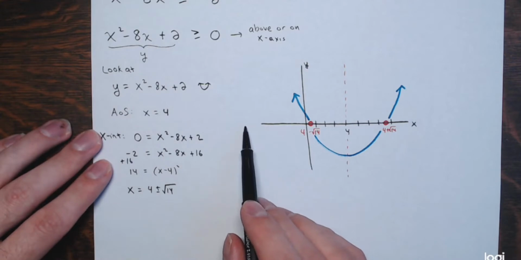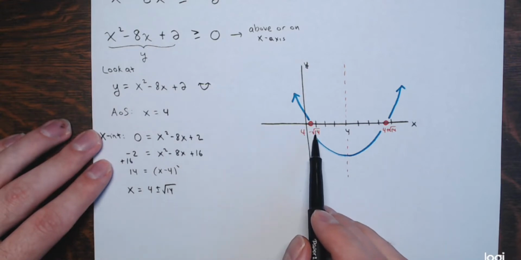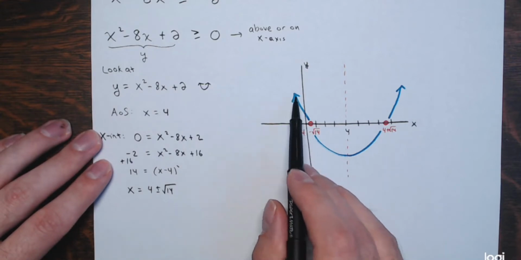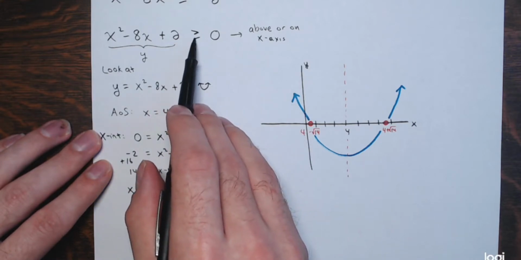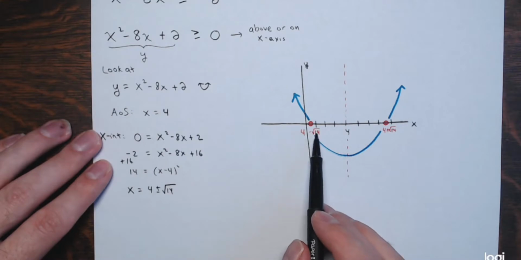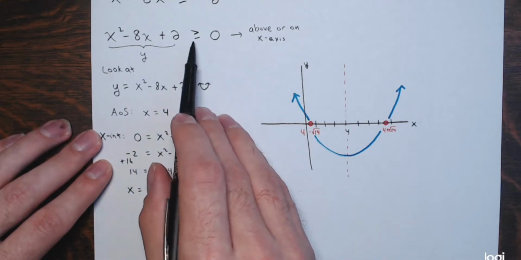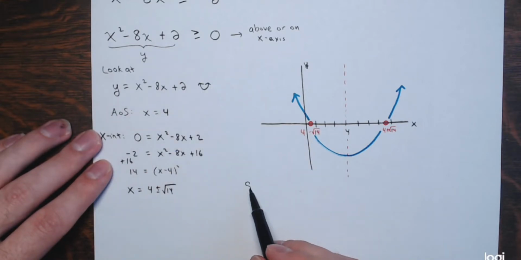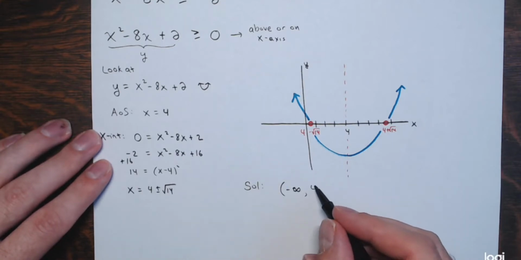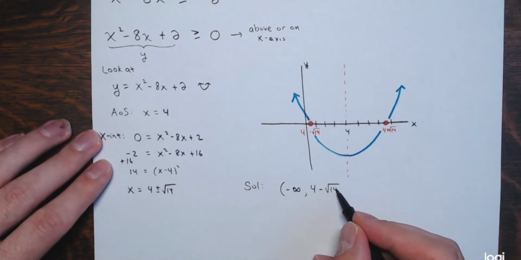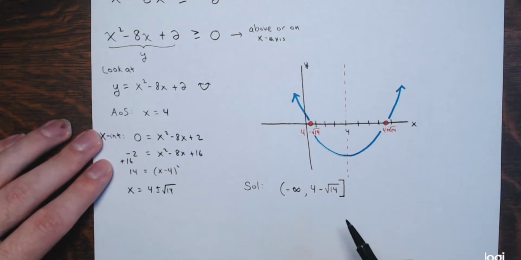From negative infinity up until 4 minus the square root of 14, we have positive outputs, values that are greater than 0. And 4 minus the square root of 14 makes it equal to 0. So all these numbers satisfy. So the solutions, we have from negative infinity up until 4 minus the square root of 14, and then 4 minus the square root of 14 is also a solution, so I got a bracket on that.